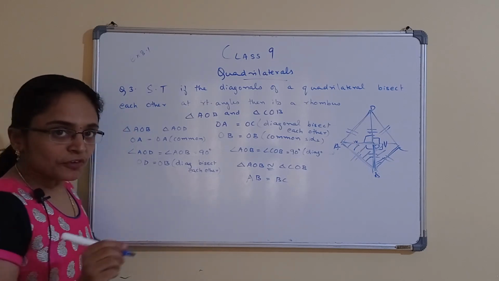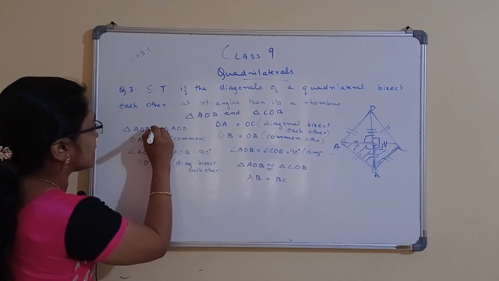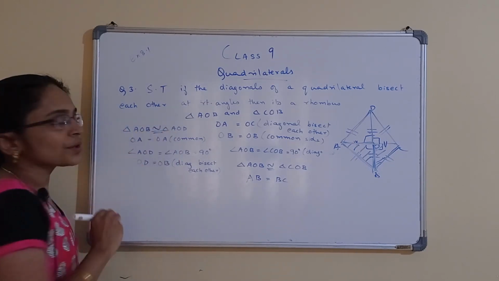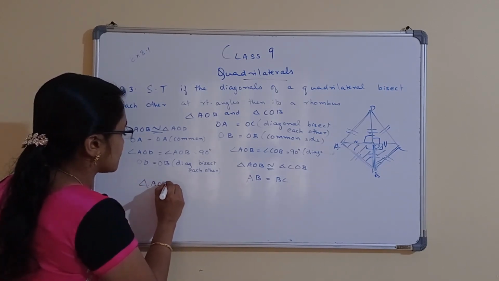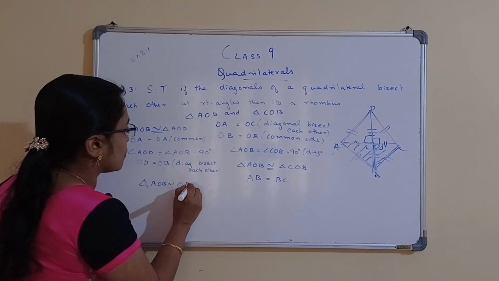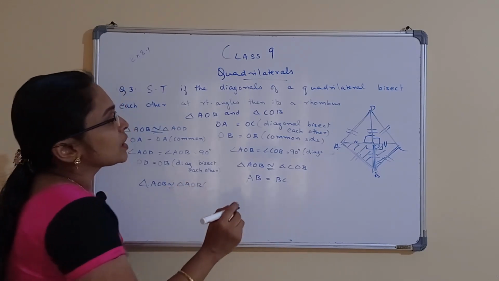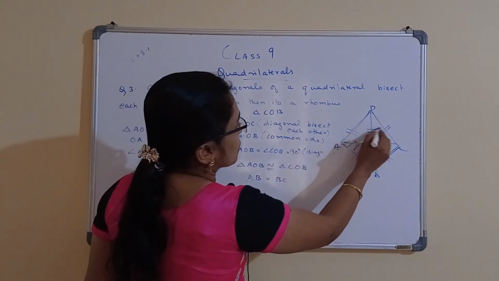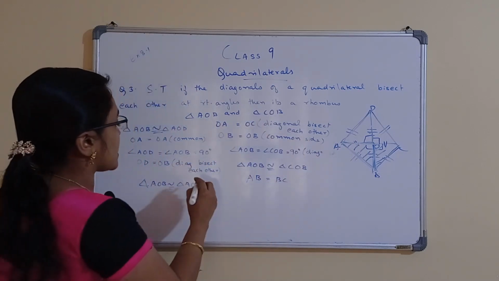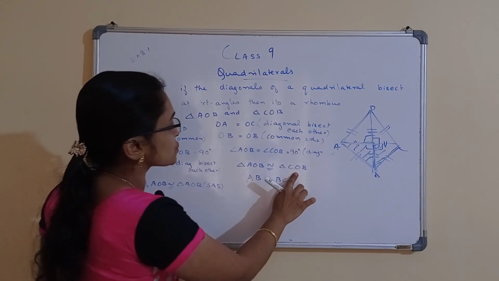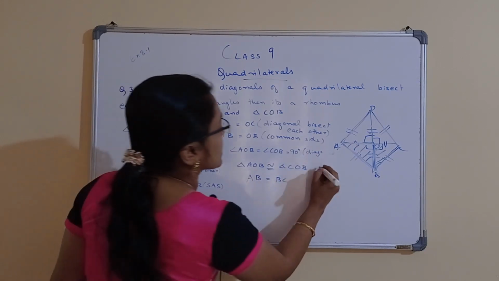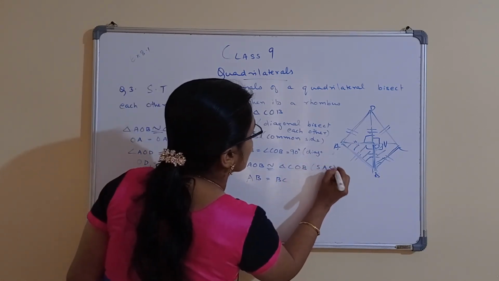So from this we can say that triangle AOB is congruent to triangle AOD, by the SAS congruence rule: two sides are equal and the angle in between the sides is equal.